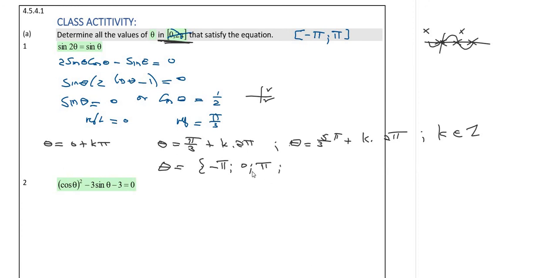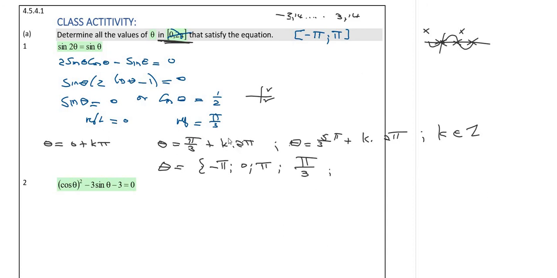Now I need to take pi over 3. Pi over 3 is going to be in, because remember, pi is 3,14 something, so minus 3,14. Just if you need to check, you must be careful there. So pi over 3 is in. Now if I add 2 pi to it, it's going to be out.